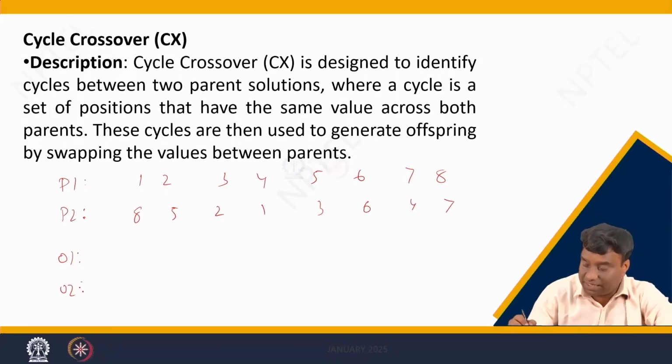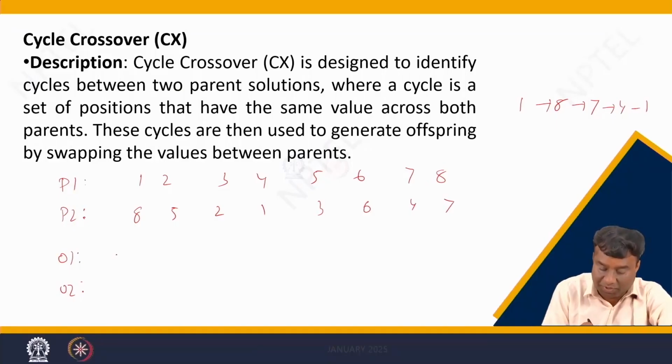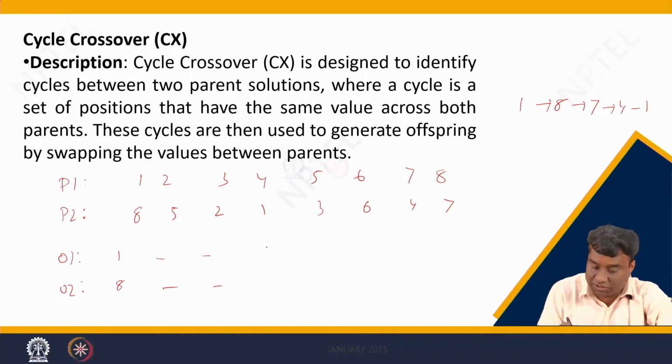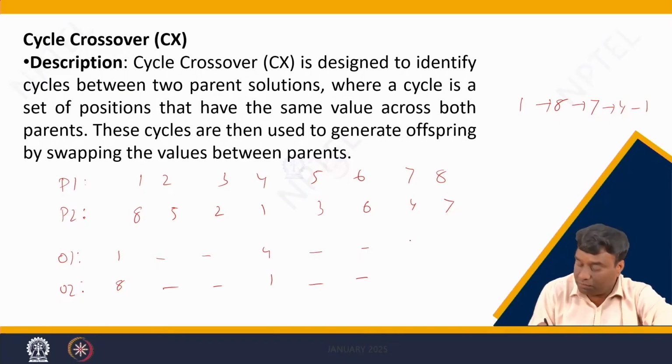So here the cycle is from 1 to 8, from 8 to 7, from 7 to 4, and 4 to 1. So this is a cycle. Copy these positions from P1 into the offspring.